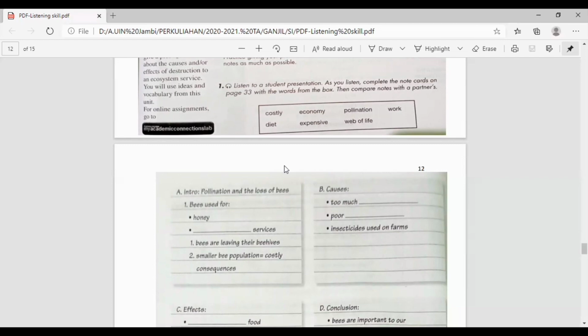See, beekeepers put bees in boxes called beehives and take them all over the country to work on farms. But now a strange thing is happening. Bees are leaving their beehives and not returning. One beekeeper in California lost 50 million bees in one day.